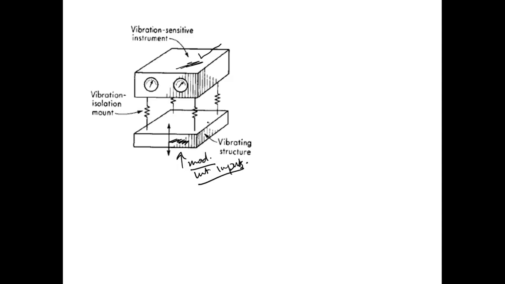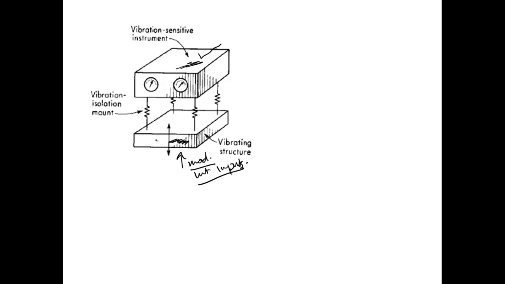So as we have seen just now, with the filtering method, we can use these vibration isolation mounts. This consists of some springs, and sometimes dampers, or vibration isolation pads, which are kind of dampers, or very soft materials that damp out these vibrations, and they don't allow these vibrations to be transferred to the instrument.